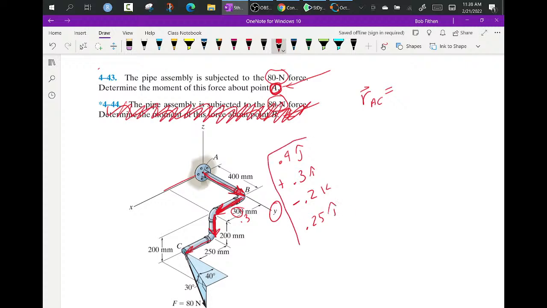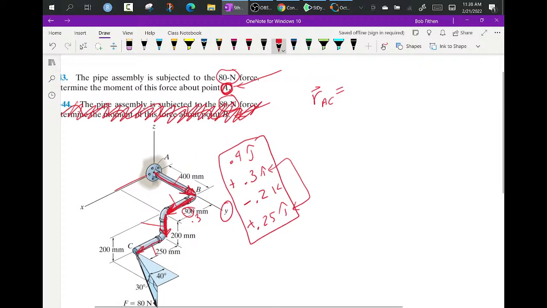So this is a vector, and it's 4 vectors together. This one, this one, this one, and that one. They all start at A, and they make their way all the way to C. So if I look at it, I only have these two that are along the same component.